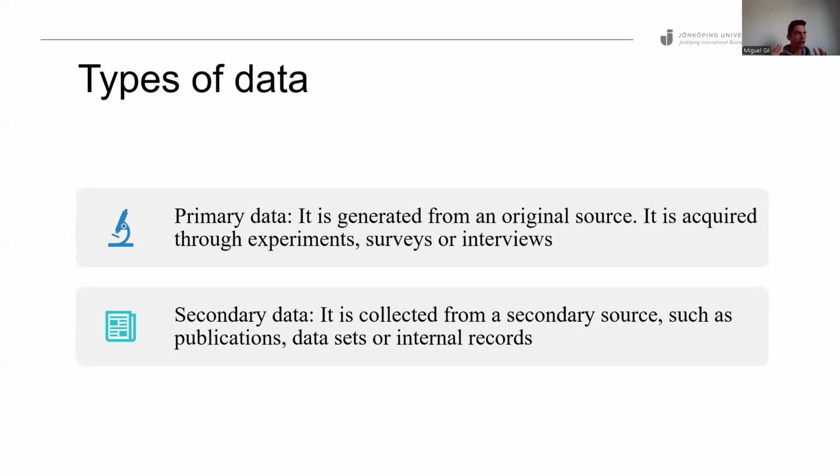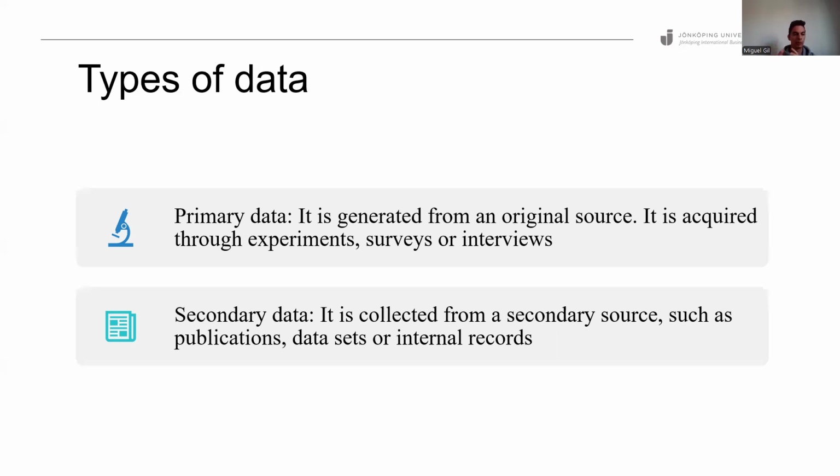Before you did something, primary data didn't exist. It only exists because of you creating it. And secondary data is data that already existed somewhere, for example in publications, in reports, data sets, internal records, company information. So secondary data is data that already existed and you are using it to do an analysis.